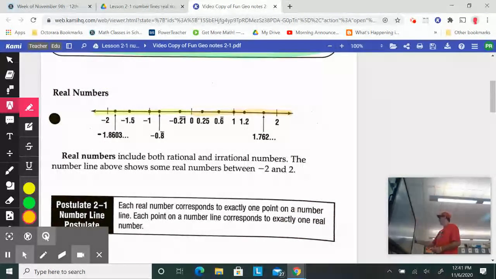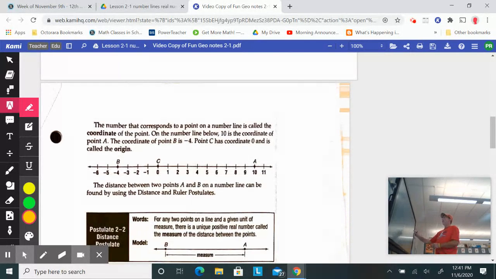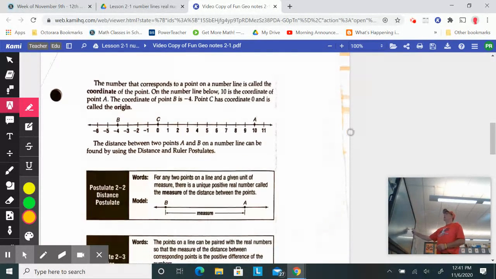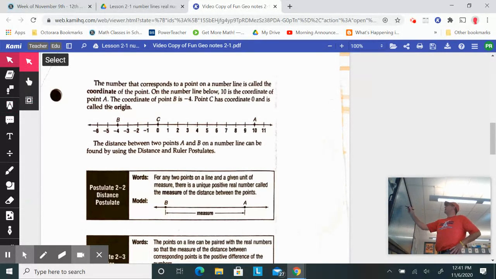All right, so let me scroll up here on our notes. Look at this next section. It says a number that corresponds to a point on the number line is called the coordinate of the point. A lot of times we think of the XY coordinate plane, but even a number line is a place to graph, and it just has one coordinate. One number goes with a point. It'll be a real number.